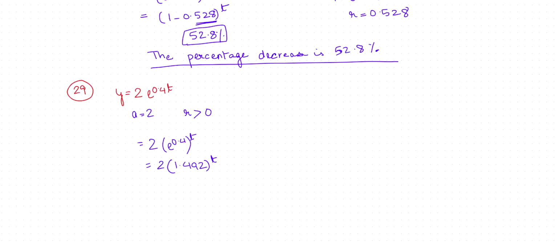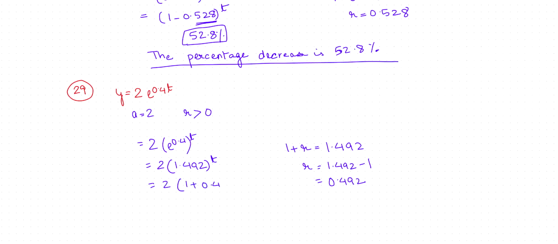So 1 plus r is equal to 1.492. So r is 1.492 minus 1, so it is 0.492. Okay, so we can write it in this form, 1 plus 0.492.